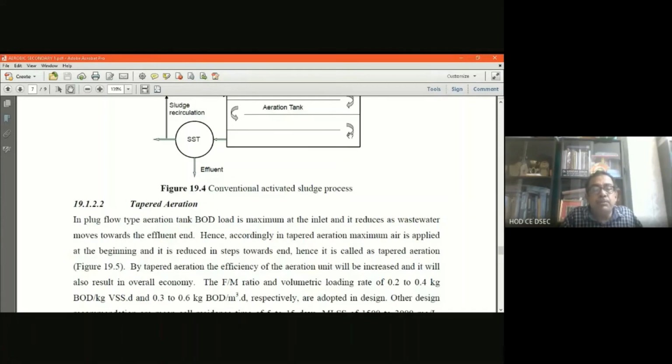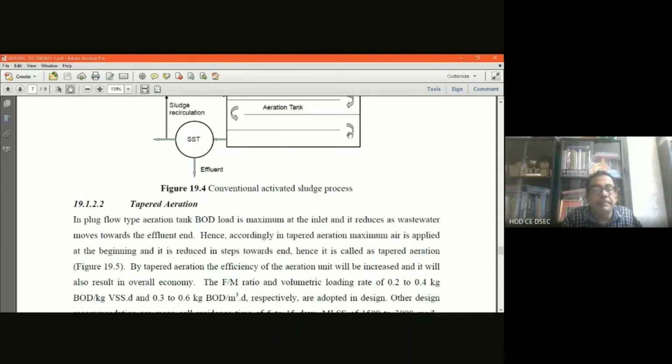Now in a plug flow type aeration tank, BOD load is maximum at the inlet, as we have seen, and it reduces as the wastewater moves towards the effluent end. So accordingly, in tapered aeration, the maximum air is needed at the inlet, and it should be reduced in steps towards the end.